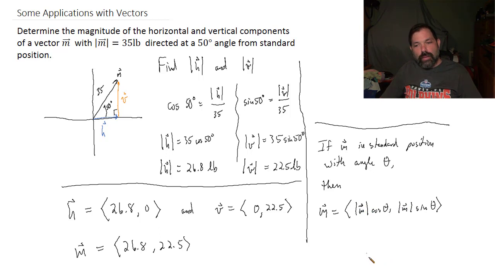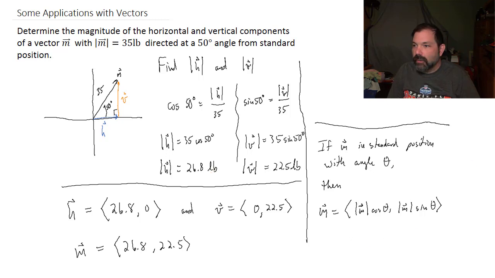All right, so that's a quick way to take any vector that's thought of geometrically, at an angle in standard position, and write it as a standard vector by just taking its magnitude and multiplying by cosine theta or sine theta respectively.